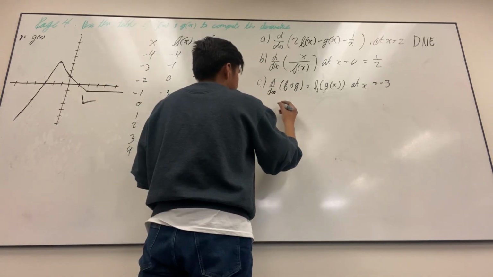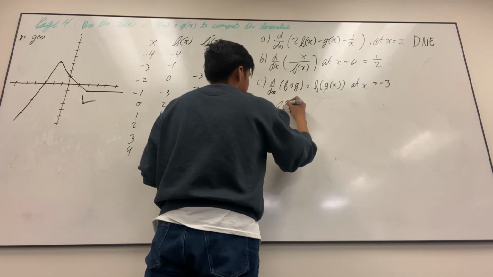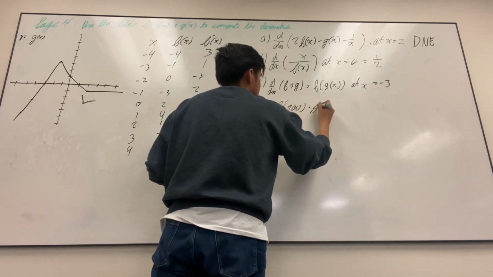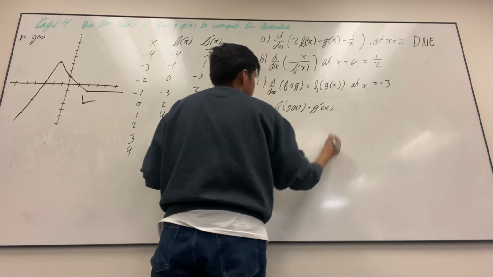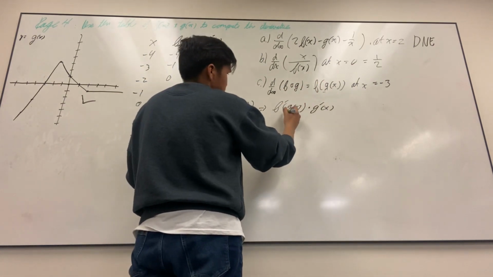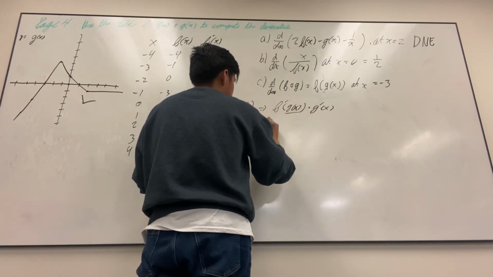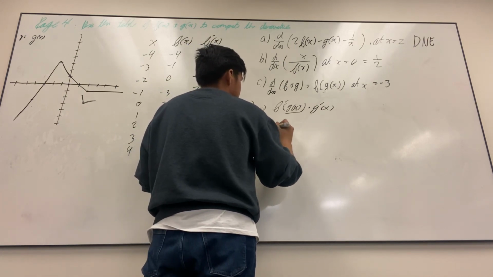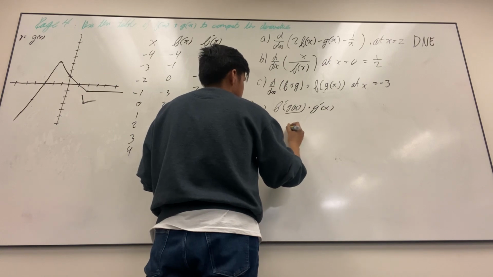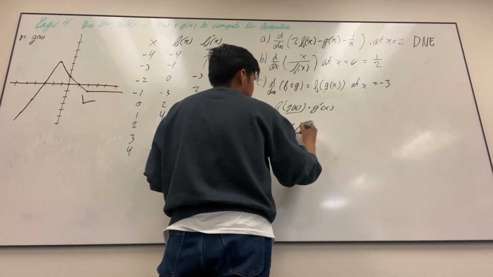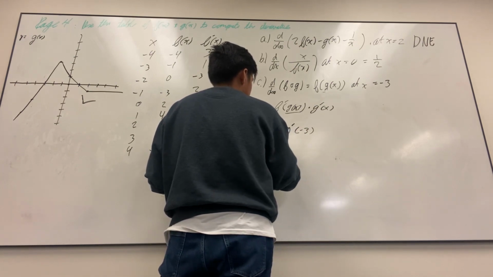So that would be f prime of g of x times g prime of x. So now we can plug in the values. So first we look at what's inside. So we have f prime of g of -3 times g prime of -3.